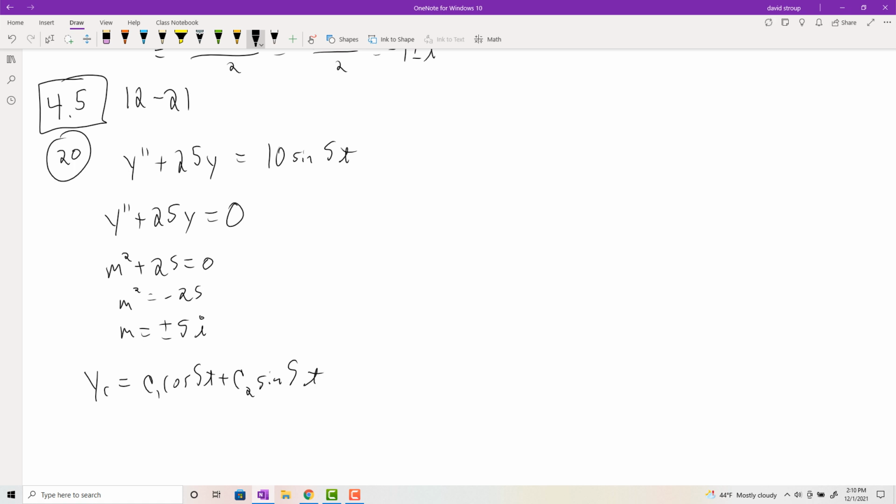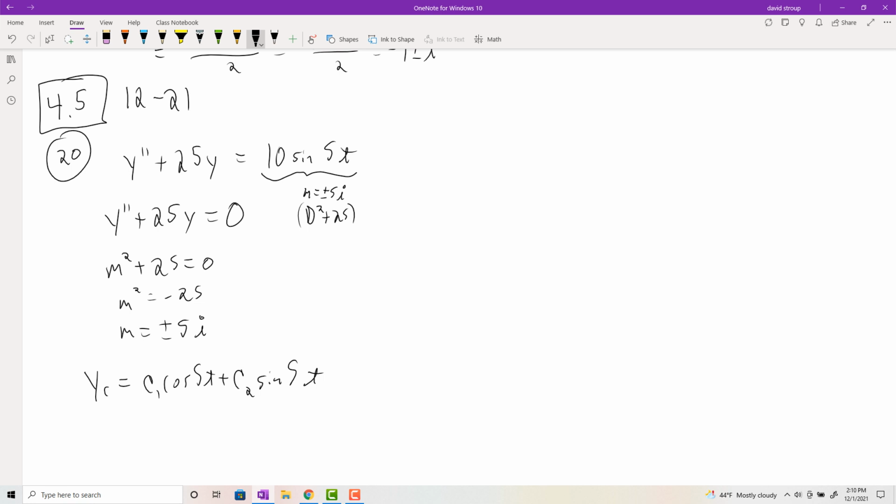Okay. Then we consider the annihilator for this portion and form a new differential equation. So the annihilator for this is exactly the same as the other annihilator. The roots that would have created this 10 sine 5t would be m equals plus or minus 5i. So our annihilator for that portion would be D squared plus 25.